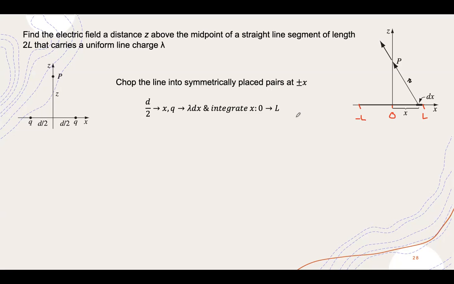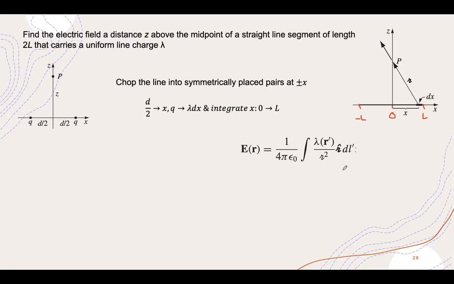So let me use the very generalized form which we just discussed. So we know that for a line charge, the electric field is given as 1 over 4 pi epsilon naught integral of lambda divided by r squared, r cap, dl prime. Okay, so what we need to find here: lambda is given, r we need to find, and dl obviously we need to consider, which is here considered as dx.